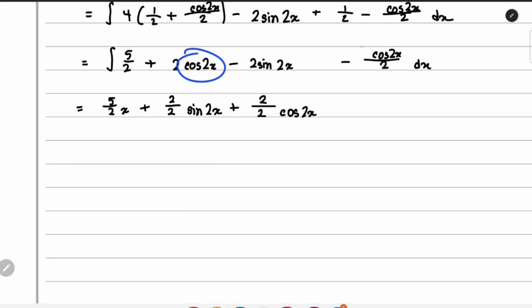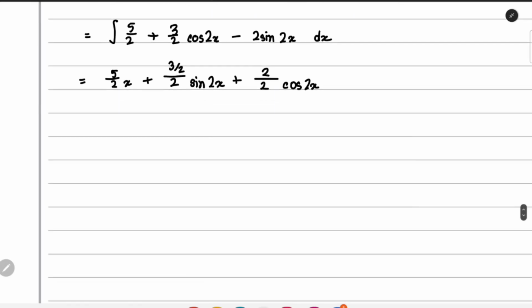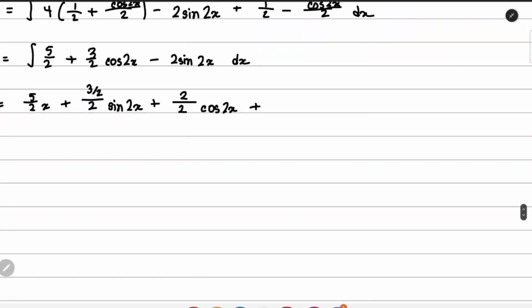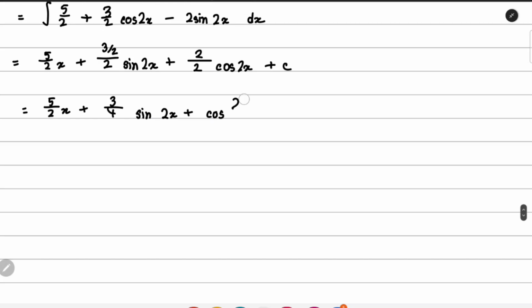Since both of these terms are of cos twice x, we can write that down as 2 minus half or 3 by 2 cos twice x. So we'll have 3 by 2 divided by 2 sin twice x plus 2 divided by 2 cos twice x. We didn't have a limit over here, so plus c. We'll be left with 5 by 2 x plus 3 by 4 sin twice x plus cos twice x plus c.